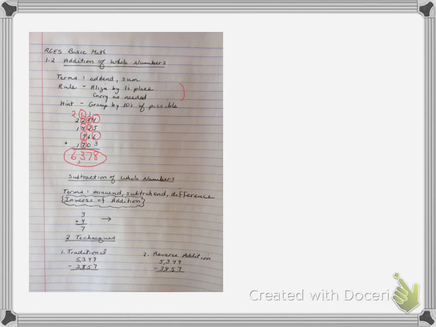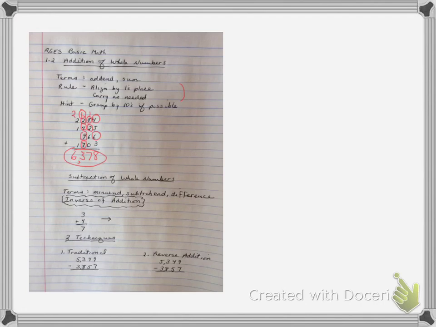As we're subtracting whole numbers, the terms now become minuend for the top number, subtrahend for the bottom number, and difference for the answer. Subtraction is the inverse of addition. What do I mean by that?